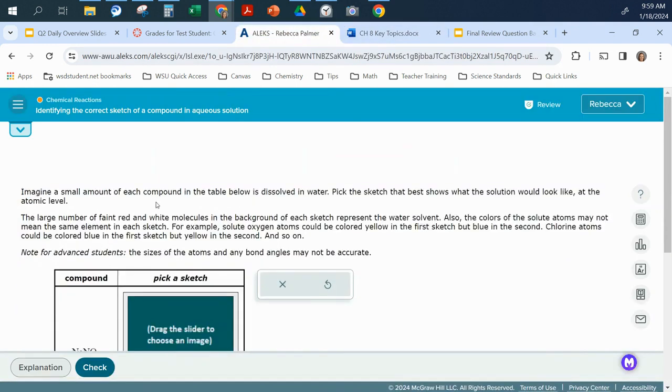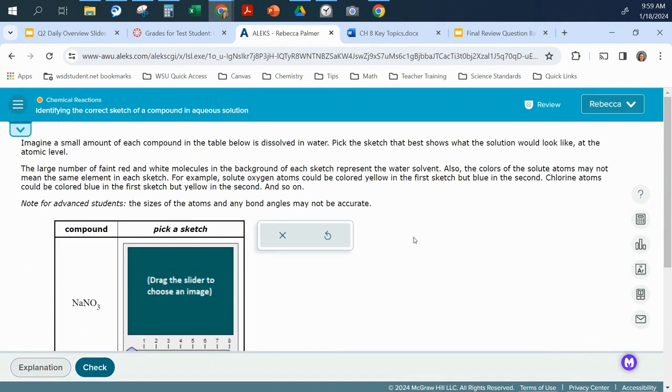So we talked about aqueous before. What does that mean, aqueous? So maybe your neighbor remembers. Check with your neighbor. See if your neighbor remembers what aqueous means.